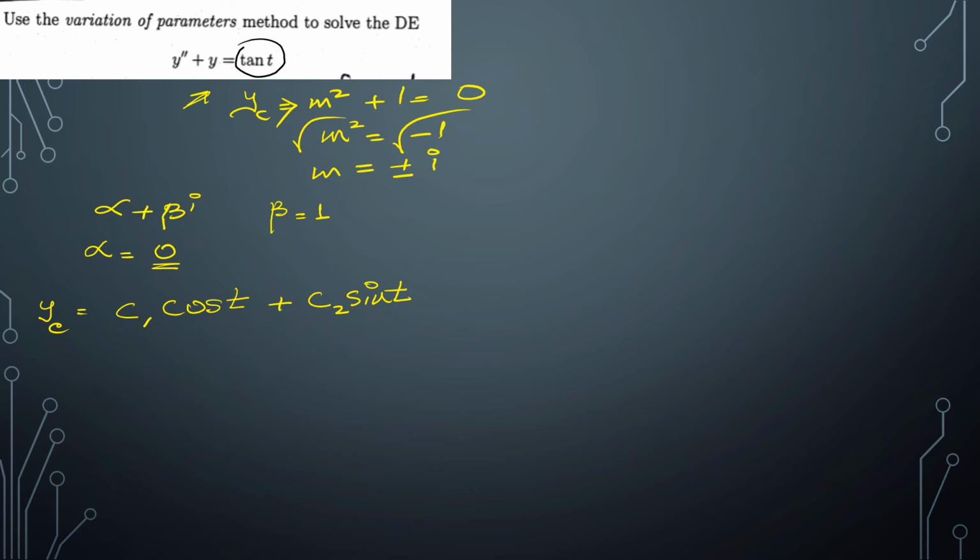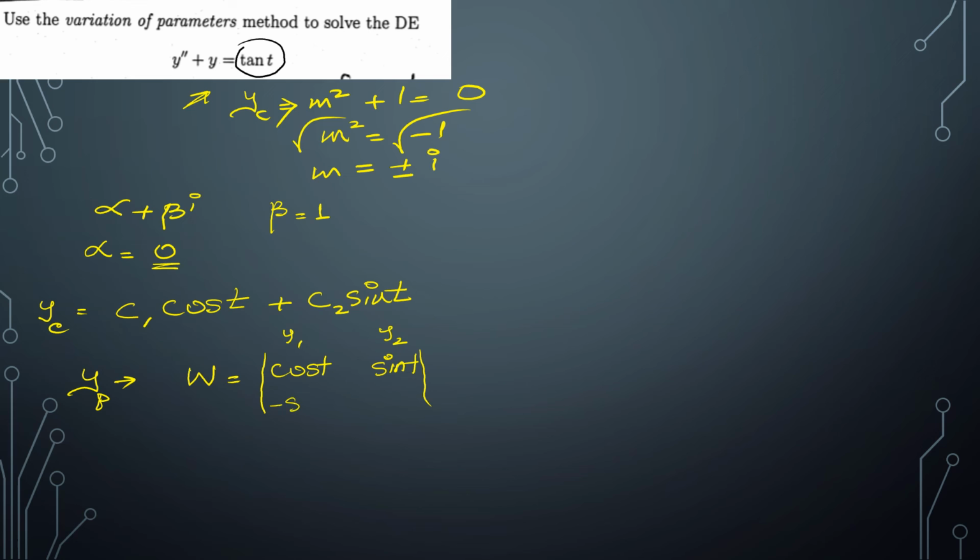Now I will try to find my y_p by using the Wronskian. So W equals, in the first row, we write y1 and y2. Our y1 is cosine of t and our y2 is sine of t. In the second row, we write the derivatives of the first and second columns.